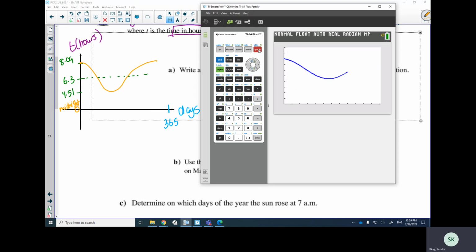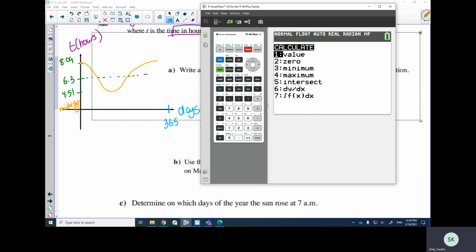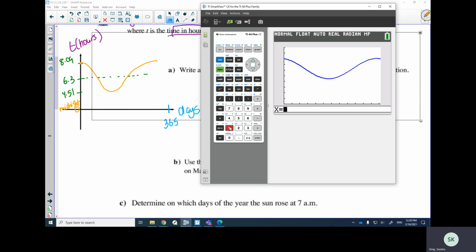I'm going to go back to my graph. The 127th day, second function, calculate a value when x is 127. Because remember, days of the year are on the x-axis. Here is the 127th day of the year. The sun rose just before 5 a.m.